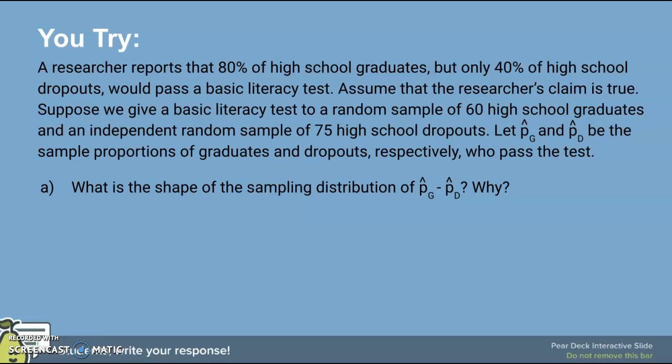Let p hat G and p hat D be the sample proportions of graduates and dropouts respectively who pass the test. So the first thing you're going to do is find the shape of the sampling distribution of the difference between the two sample proportions and justify your reasoning.